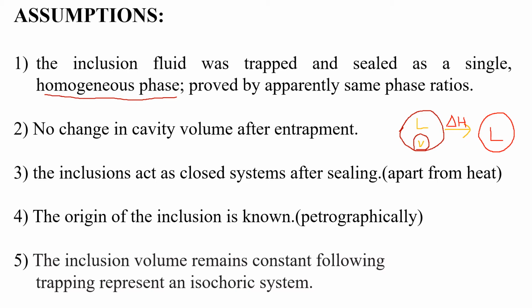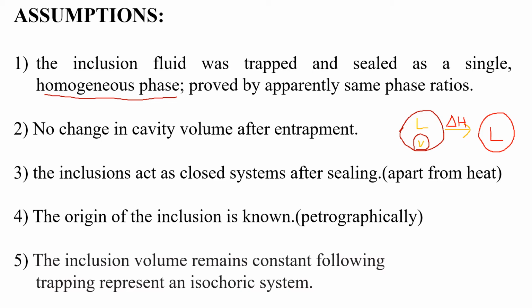When we take some of the samples of fluid inclusions in the laboratory and heat them to a particular temperature, they are converted into a single phase. As we can see in this figure here, the vapor bubble is contracted with increase in temperature and the total phase becomes liquid, because it is a liquid state entrapment.